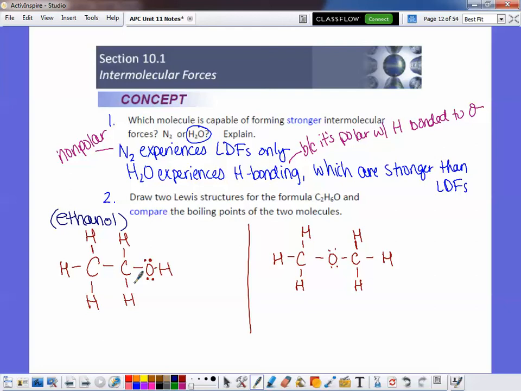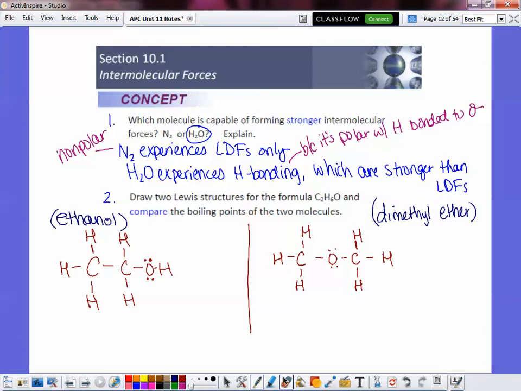No, carboxylic acid would have a double bonded O and then an OH. This is an ether. This is called dimethyl ether.